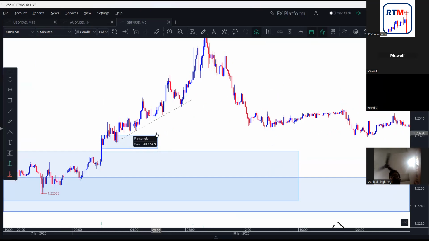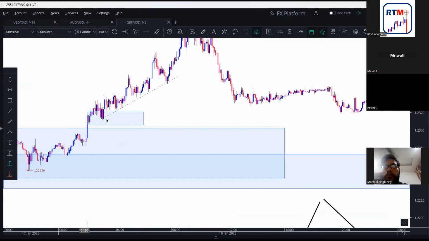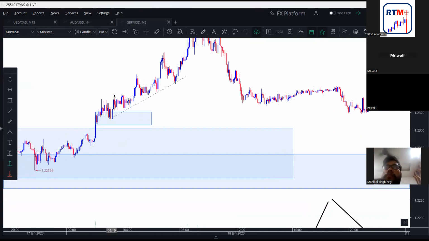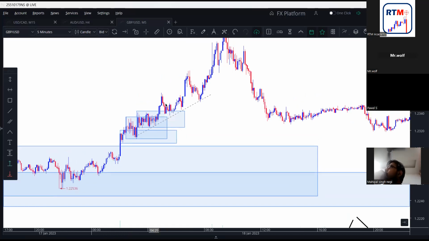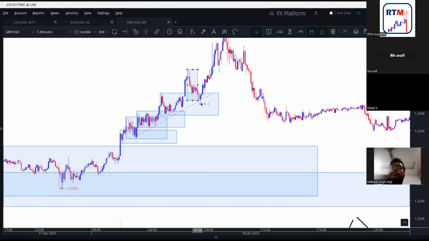You see this area, it holds the price up. And after that, this area moves up and consumes the orders from the first one. And after that, you see the same thing here, and the orders are transmitted in the high.